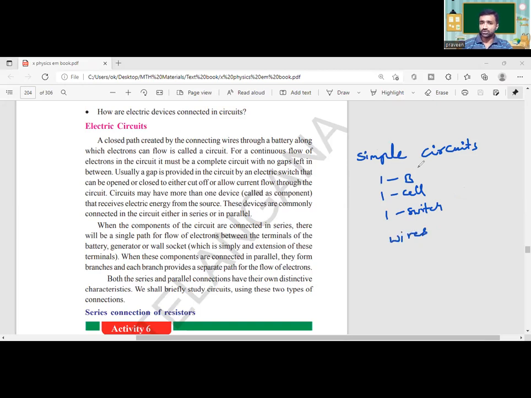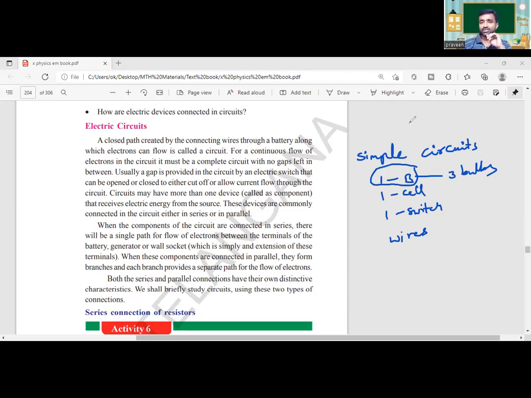Suppose I give you three bulbs to connect in a single circuit. How do you connect them? Using a single path or many paths?